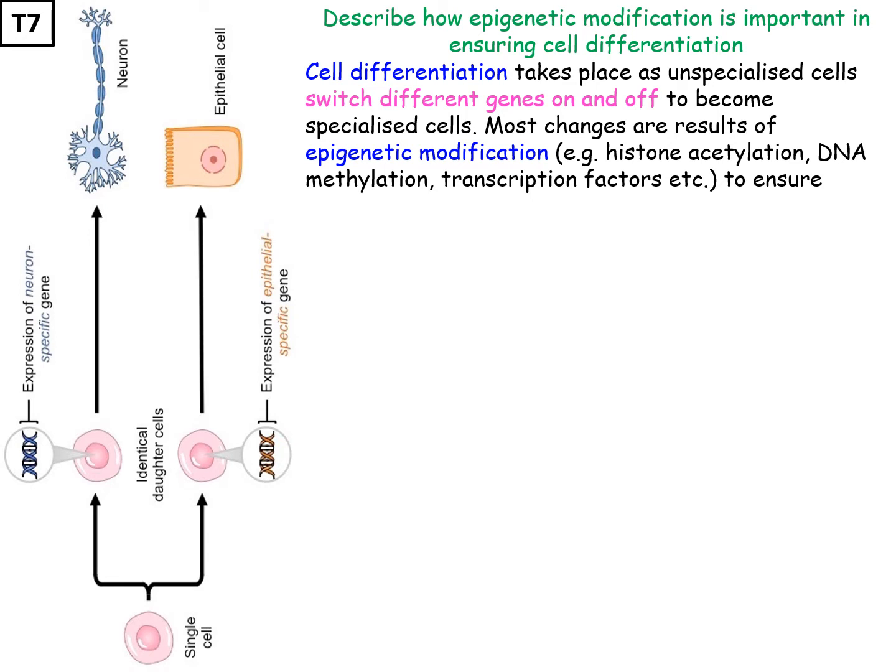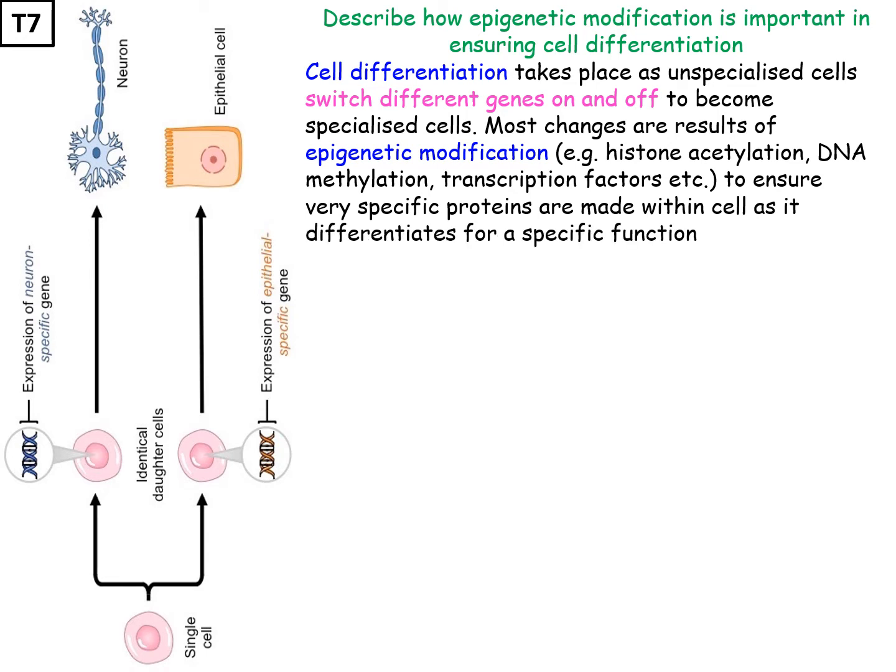In other words, it affects the genes being switched on or off, and those specific genes being switched on or off then cause unspecialized cells to become specialized cells because they ensure that very specific proteins are made within the cells, and those specific proteins will then determine the specific function of the cell, so the cell then differentiates into those different types of cells.